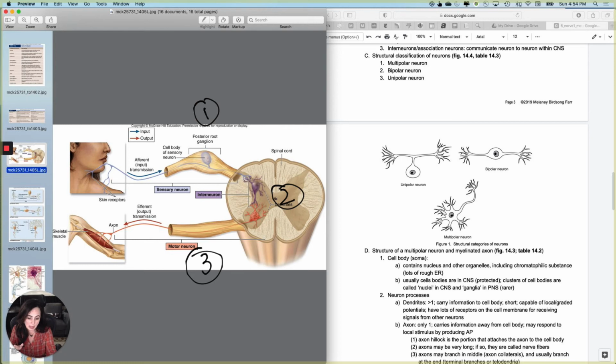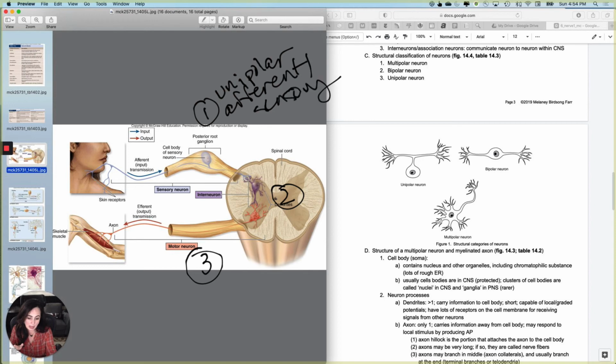Number 1, what is the structural classification of this neuron? Like how many poles? 1 is unipolar. That's the structural classification. And the functional classification is what it's doing. Its functional classification is what ferent? Afferent. And the other word for afferent is sensory.